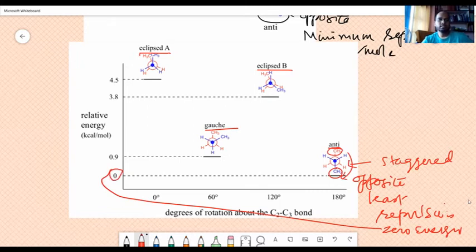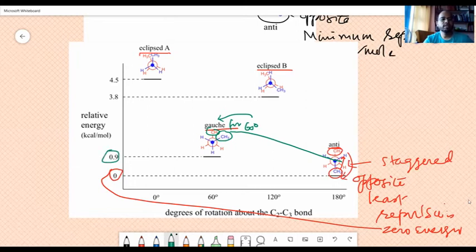Now the next is you move this slightly to this position. When you move it slightly, these two methyl groups are about 60 degrees apart. When you have 60 degrees, you call it the gauche form. The gauche form has an energy of about 0.9 kilocalorie per mole, while this is 0 kilocalorie per mole.